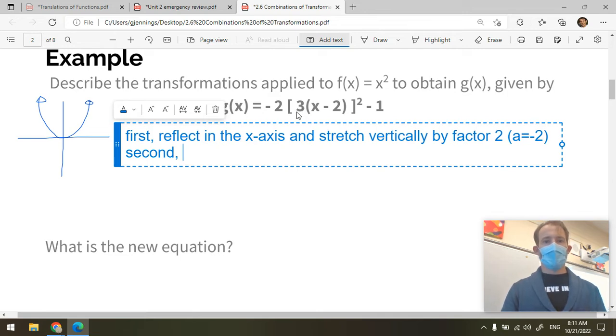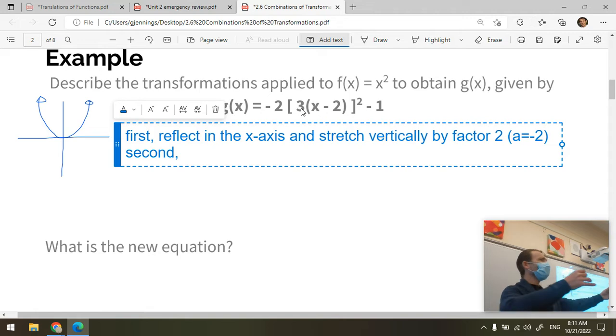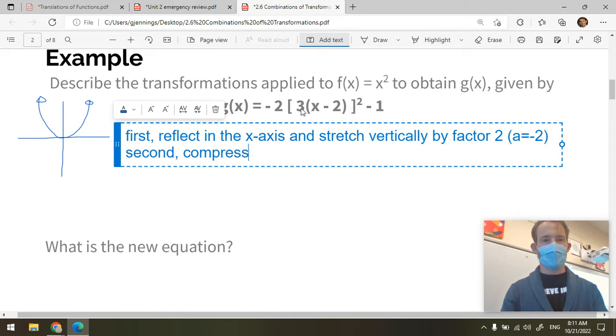And this 3, I forget, when it's a K, does that stretch it out along the x-axis or squeeze it towards the y-axis? The K values squeeze for some weird reason. Well, there's not a weird reason, there's an algebraic reason. But if it feels weird, that's okay. Second, compress the function horizontally by factor 3.